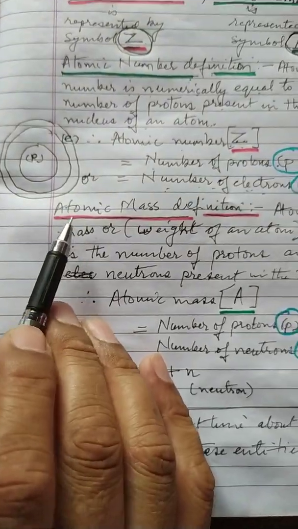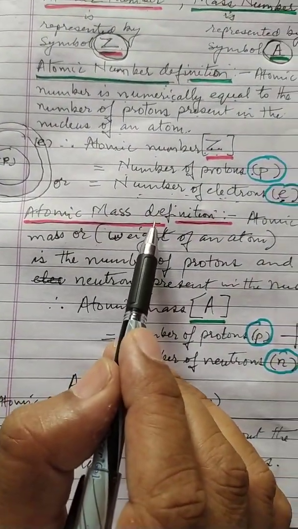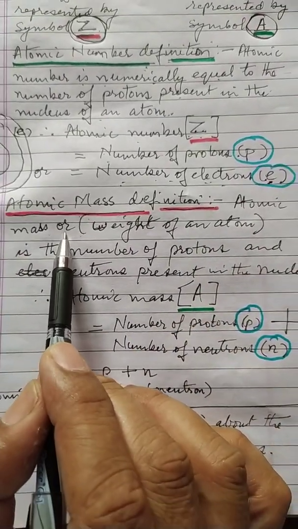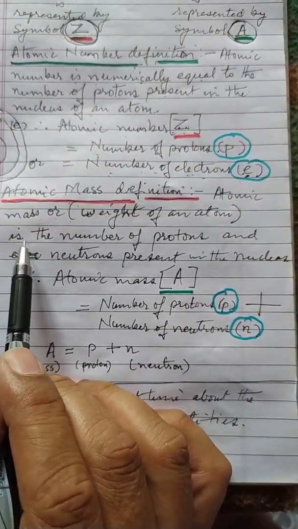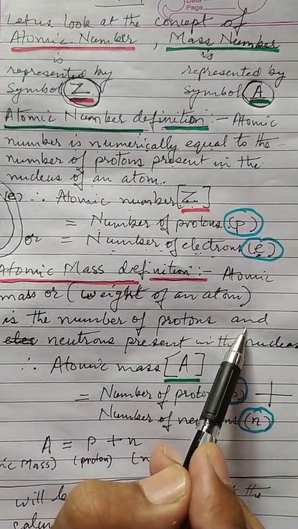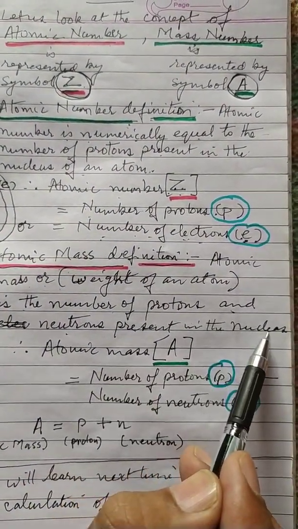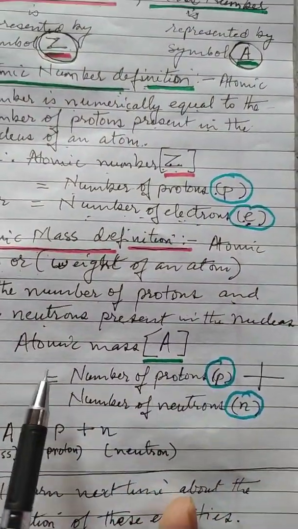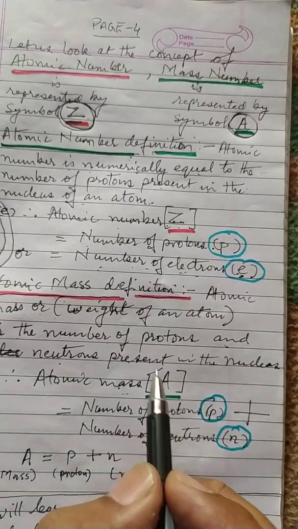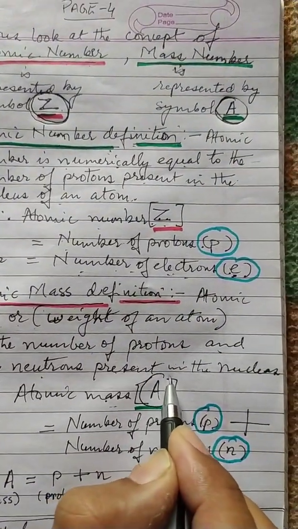Now let us pay attention to what atomic mass is. Atomic mass can be defined as the mass or the weight of an atom, which is the number of protons and neutrons present in the nucleus. Atomic mass is represented by the symbol A. Do you see this, children?